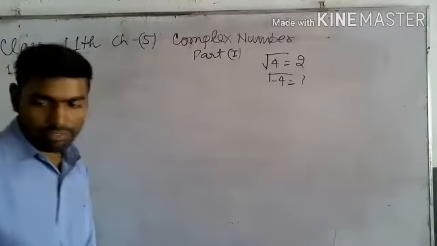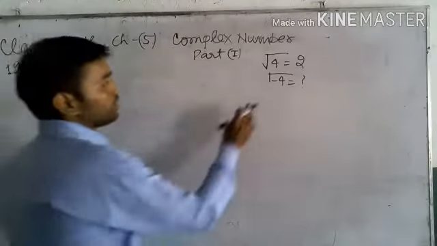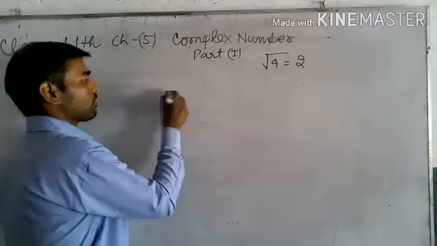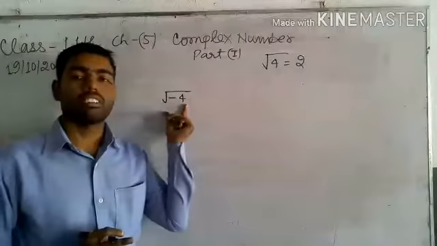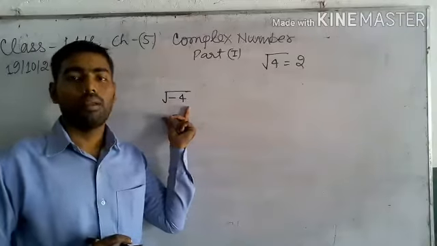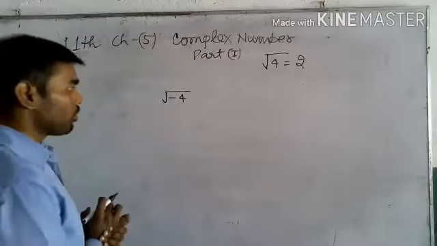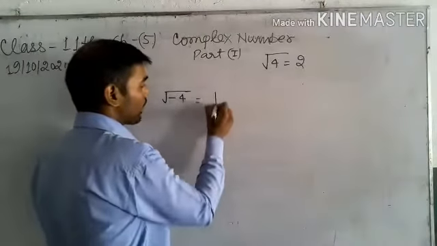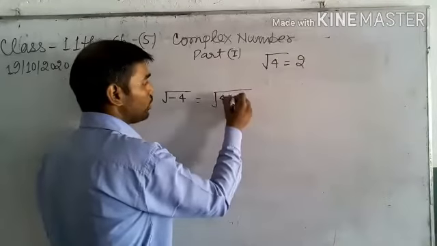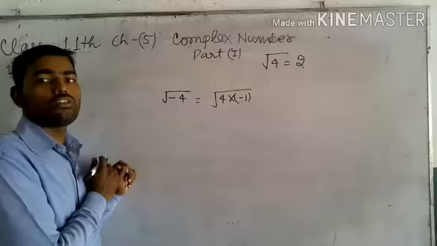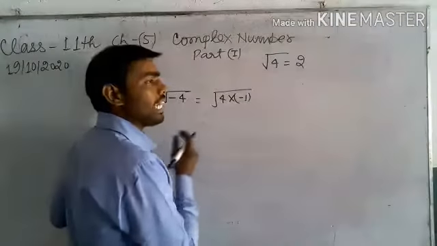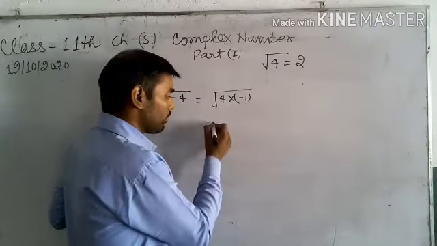Now, if this is minus 4, what is the value of this? Minus 4 can be written as 4 into minus 1, and there is a Greek letter iota.